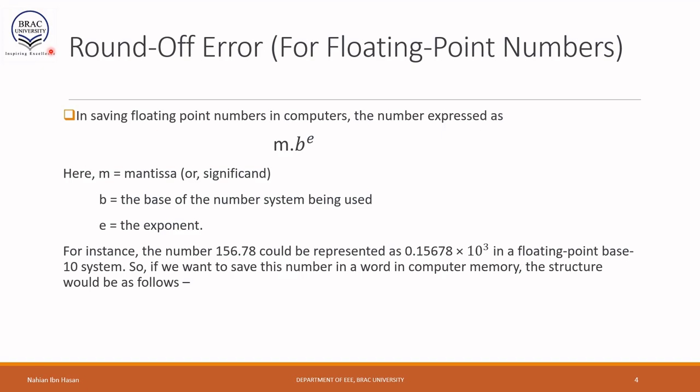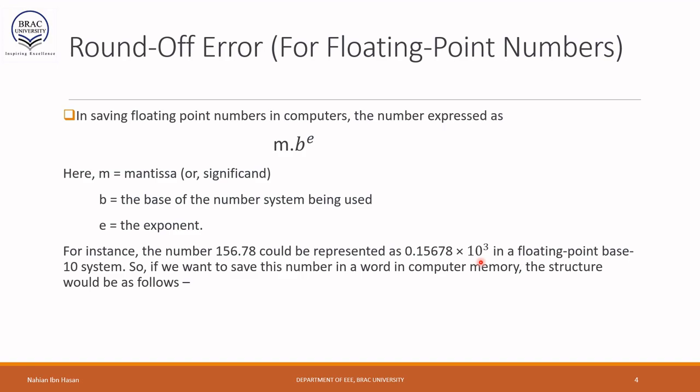So for example, you want to save a number which is 156.78. How does the computer represent this number in its own system? The number 156.78 can be represented as 0.15678 times 10 to the power 3. It's a floating point base 10 system.